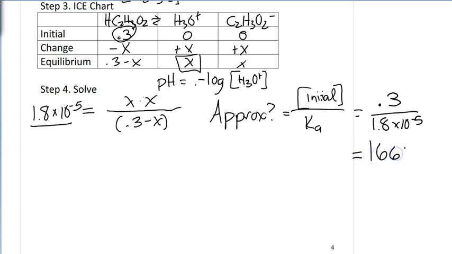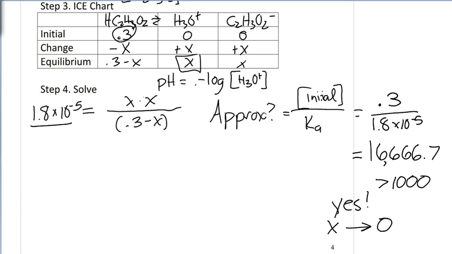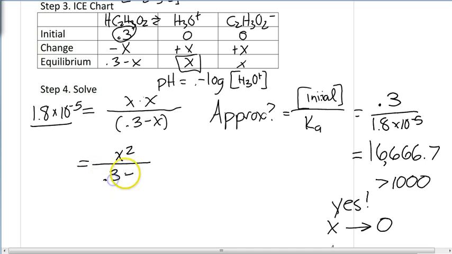So when we divide that, we see that we get this huge number, which is definitely bigger than 1,000. So yes, we can approximate. And that means that x is virtually 0 in our denominator. So plugging that in over here, that'd be x squared over 0.3 minus virtually 0.